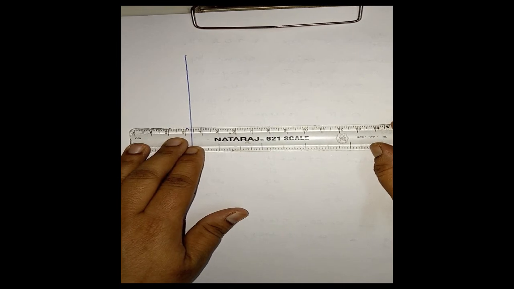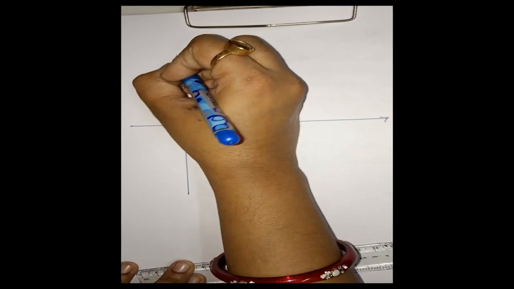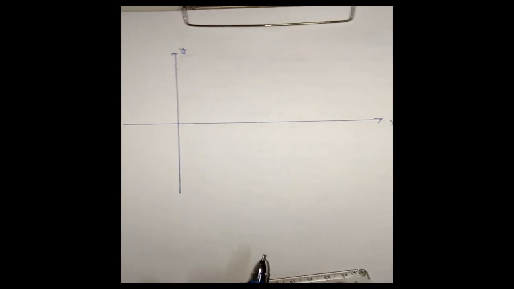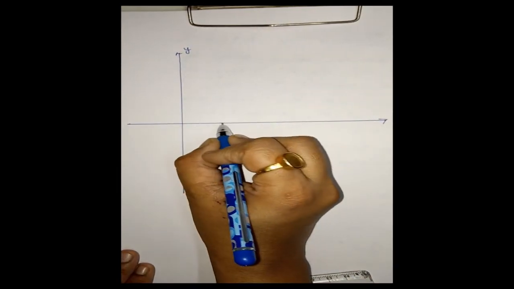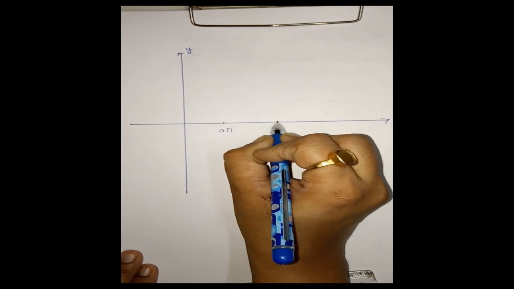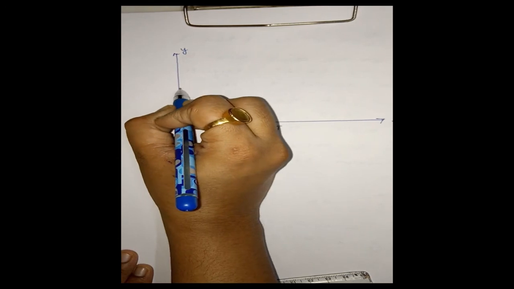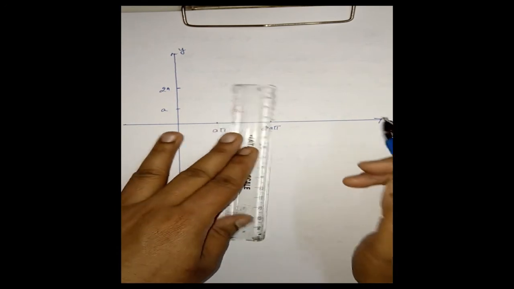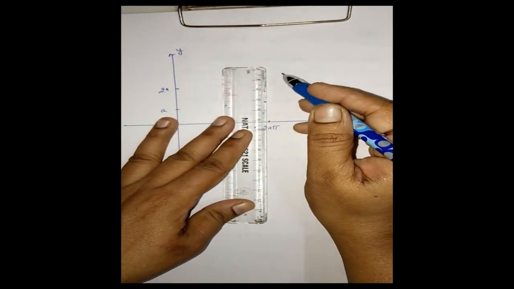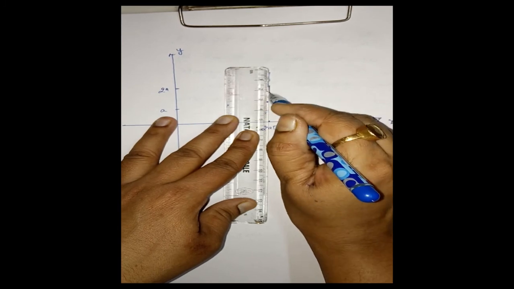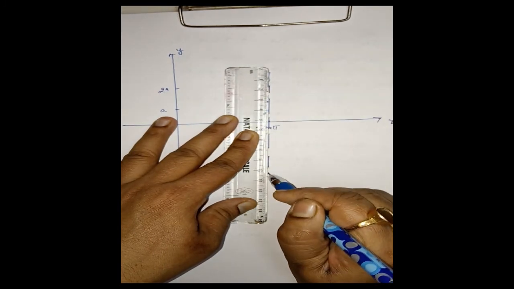This is my y-axis and this is my x-axis. This is my x, this is y. Okay, now let this be the point a pi and this the point 2a pi. Okay, and let this be a and this is 2a. Now at this point tangent is parallel to y-axis, and at the point 0 also.